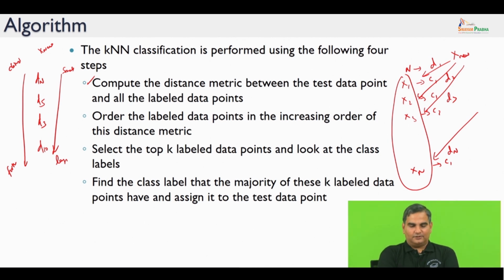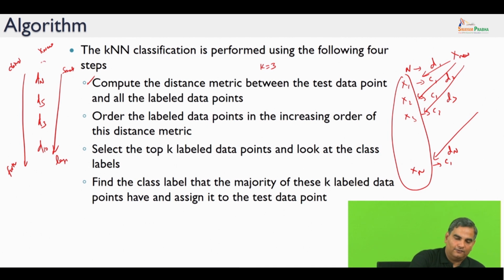Now the next step is very simple. Let us say you are looking at k nearest neighbors with k equal to 3. Then you are going to find the first 3 distances in this list, and this distance is from xn, this distance is from x5, and this distance is from x3.